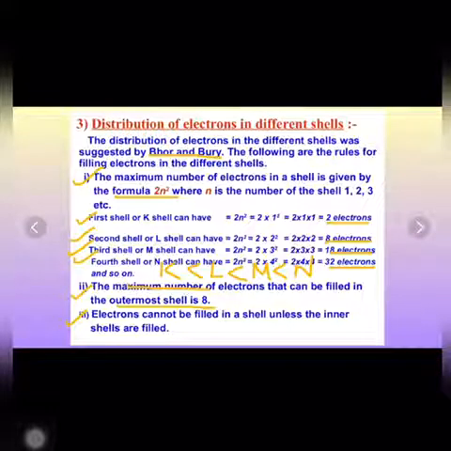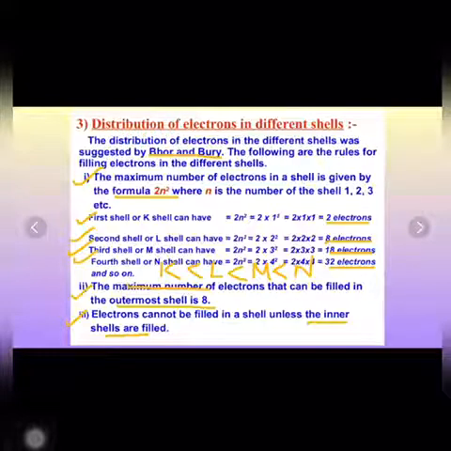The third rule says that electrons cannot be filled in a shell unless the inner shells are filled. So it is not necessary for a given shell to complete itself before another shell starts forming. As a rule, a new shell is formed as soon as the outermost shell acquires 8 electrons.